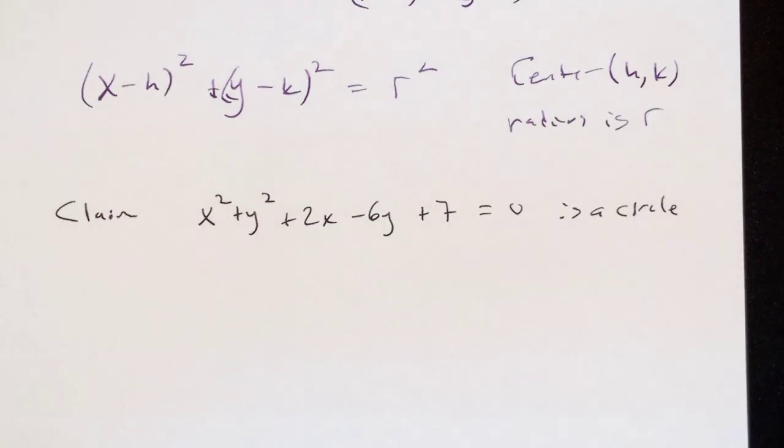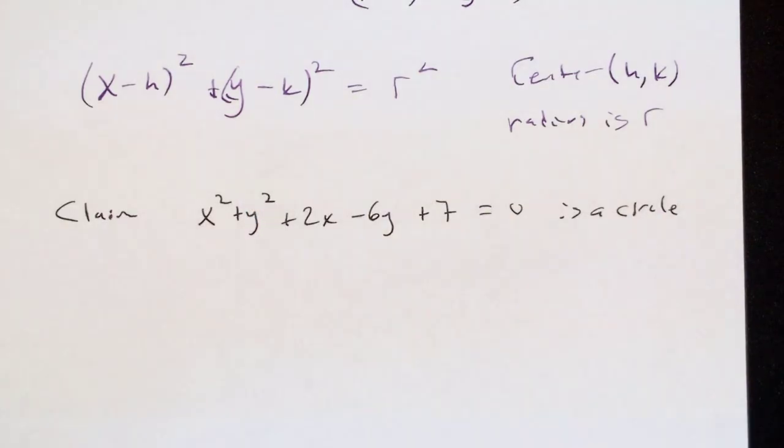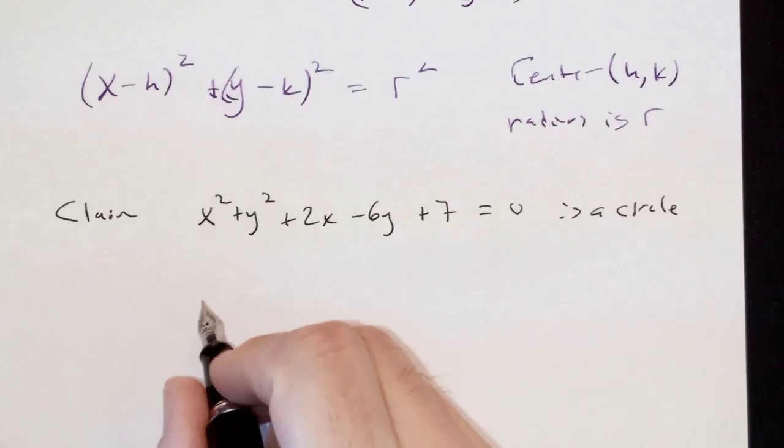If that's a circle, I should be able to make this equation look like this one. Factor how? I'm sorry? Okay, so let's do some grouping.